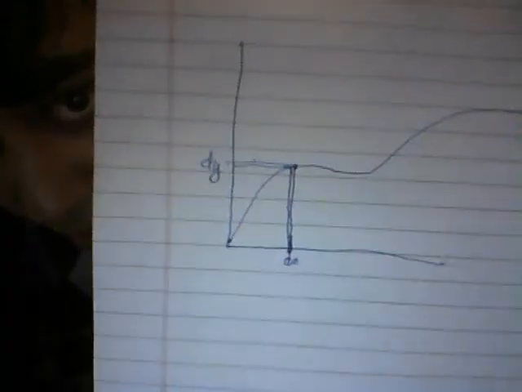Now if I divide this graph into various small parts, and I take this small part over here, this is dx, and over here it is dy. Placing it here so you can see where dx and dy are. This is dx and dy. So I have here my graph with dy here and dx here.